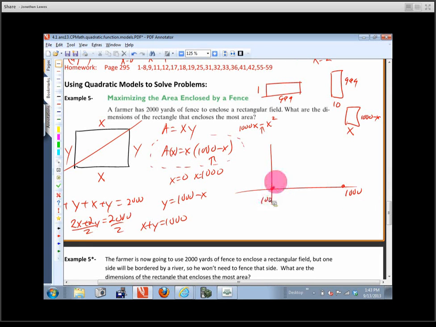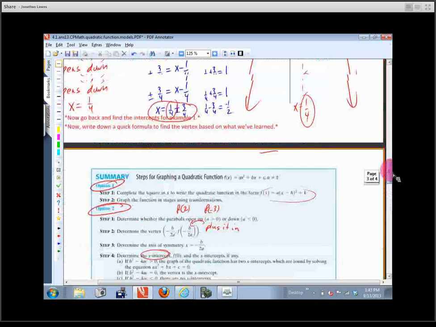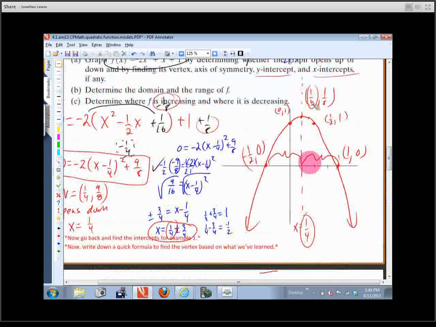Now let's stop and think about this for just a second. Walker, you said this is a parabola that opens down, right? We talked a whole bunch yesterday about the axis of symmetry. So if I make a parabola that opens down, it's going to look something like this, right? And didn't we say yesterday that the x-intercepts are equally spaced on either side of the axis of symmetry? In fact, if we slide up here, see this picture right here?